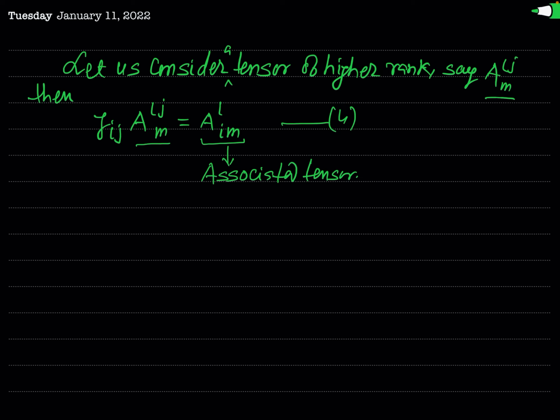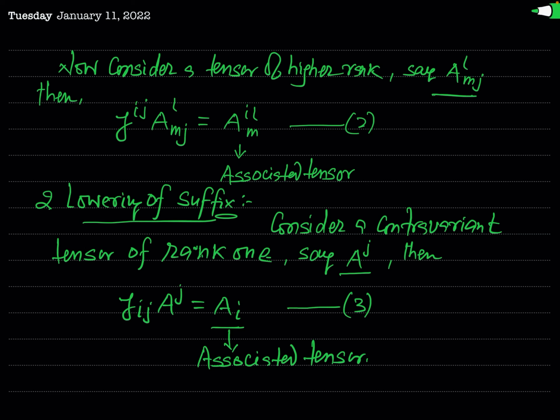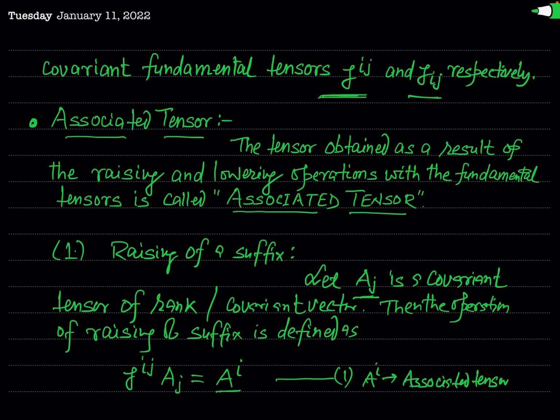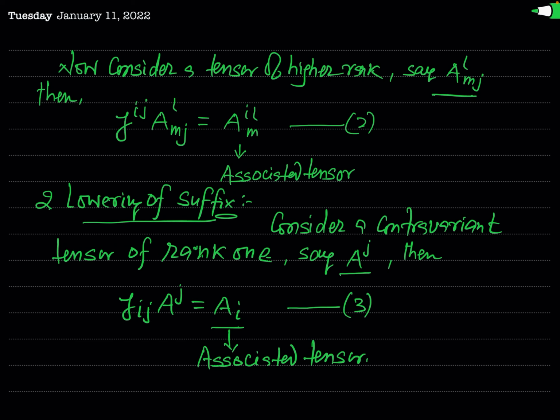But you can prove that after the operation of lowering of suffix and raising of suffix, we get a tensor. This result can be proved. It means you can show that these quantities, that is A super I, or you can say A super IL sub M or A sub I, all these are tensors.